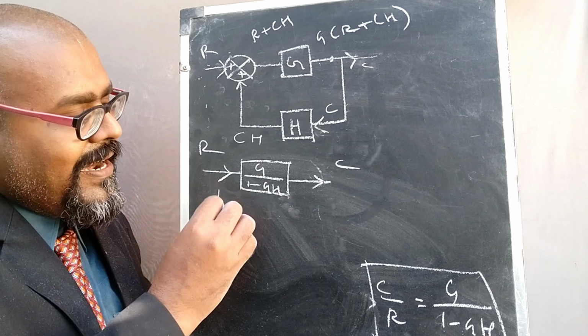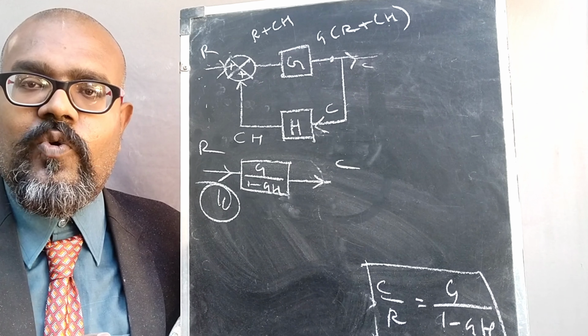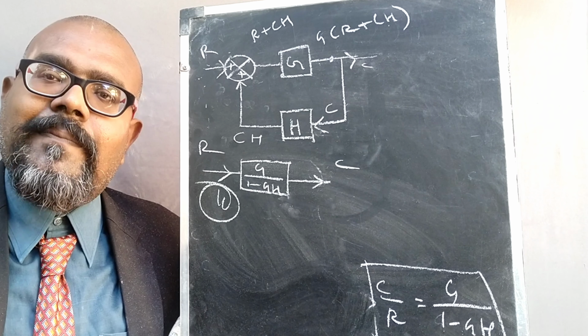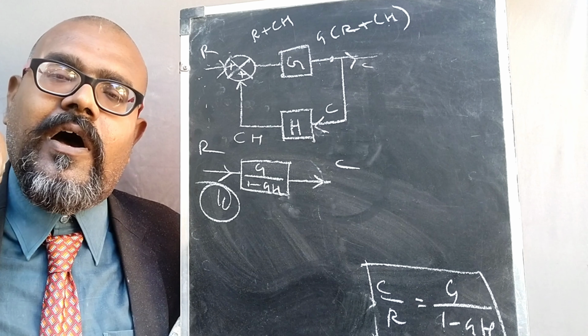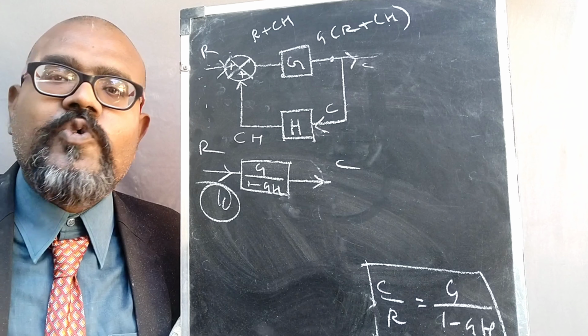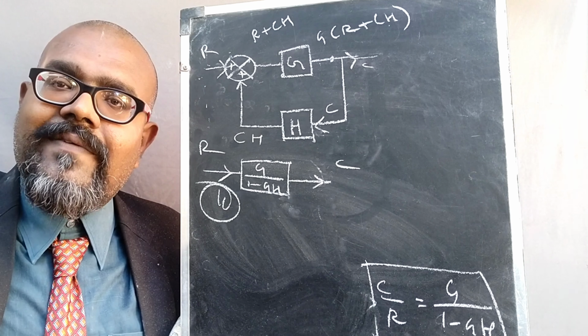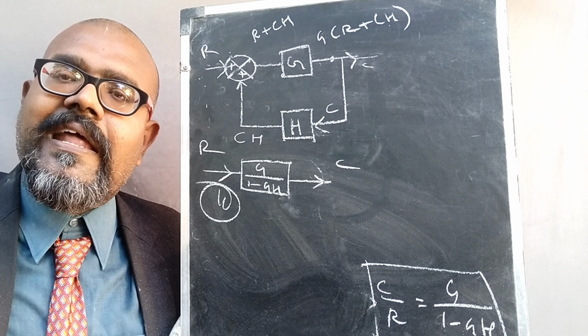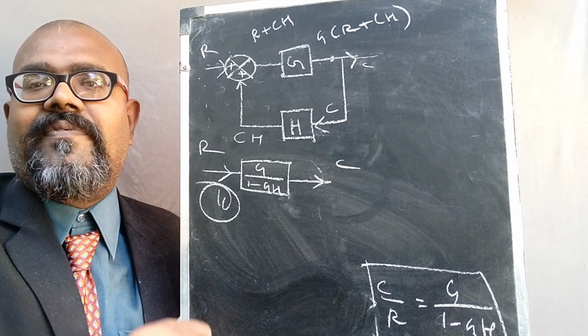So totally 11 rules we need to follow. If you know all these 11 rules, then we can convert the blocks into a single block, whether the block diagram has 10 elements or 100 elements or 1000 elements. If you apply these rules properly, we can convert them into a single block to determine the transfer function.